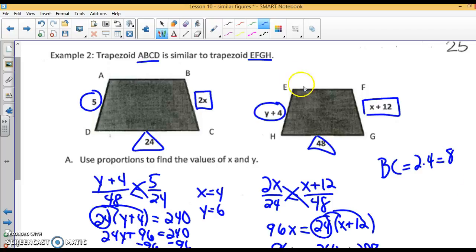I need to find side EH. EH is y plus 4. y is 6, so 6 plus 4 is 10. And our last side, FG, is x plus 12. x is 4, so 4 plus 12 is 16. So once I found the values, I wrote my equation.